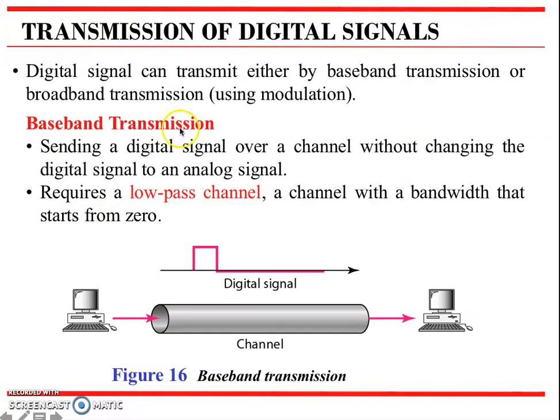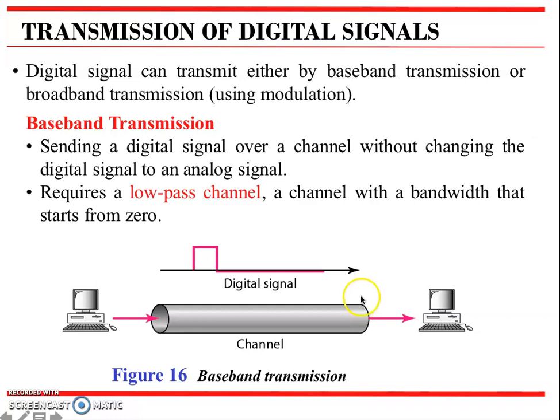Okay, so we look at the first type of transmission. Baseband transmission, which is sending a digital signal over a channel. Contohnya channel ini can be any types of transmission medium, either wired or wireless yang kita dah bincang sebelum ni.